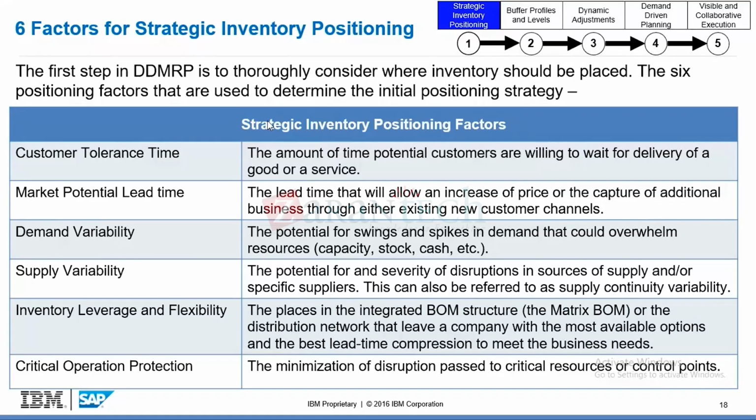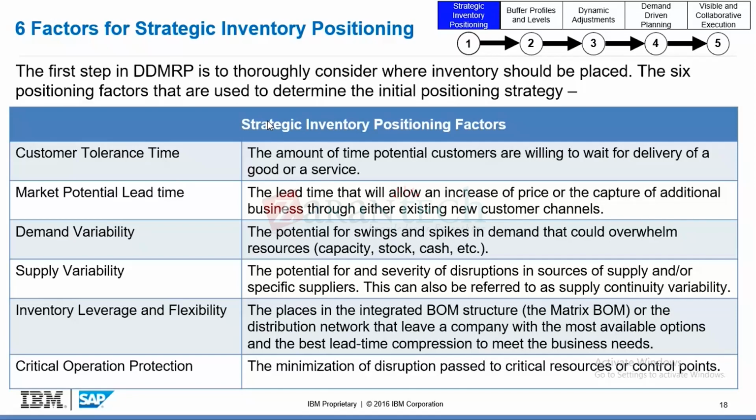Demand variability means potential for swings and spikes in demand that could overwhelm resources. Then supply variability, the potential for and severity of disruptions in sources of supply and/or specific suppliers. This can also be referred to as supply continuity variability.